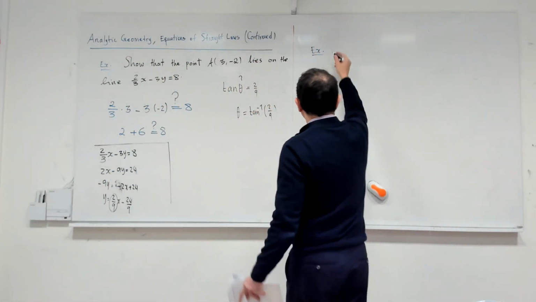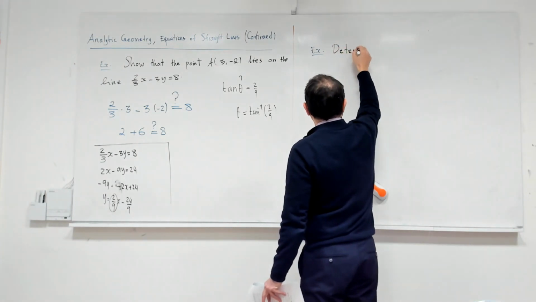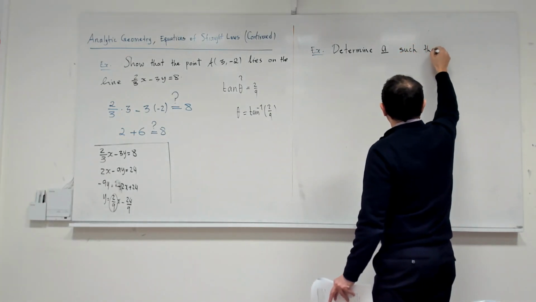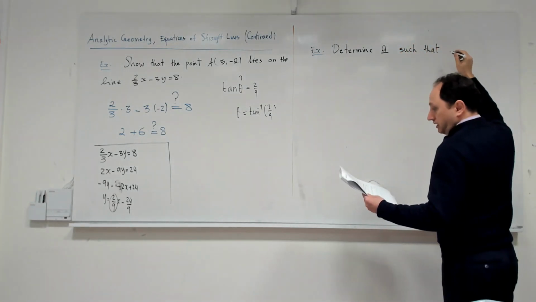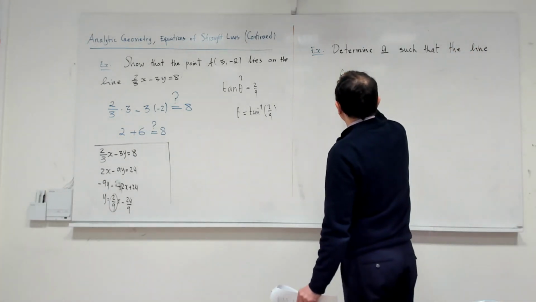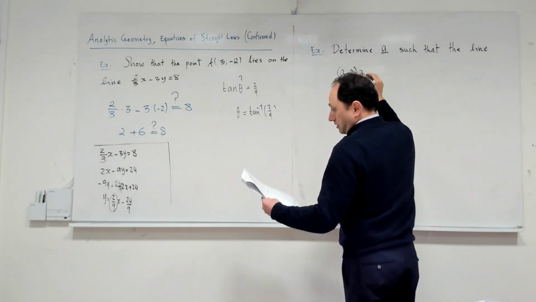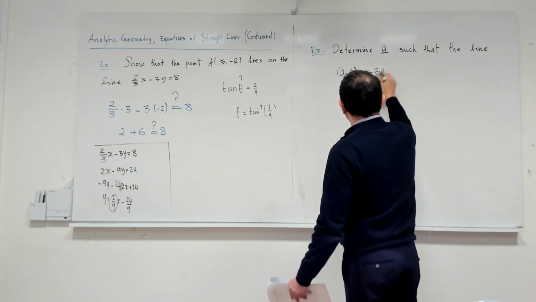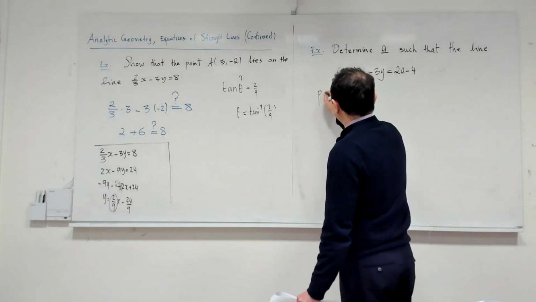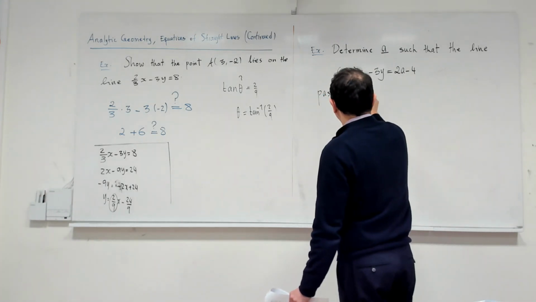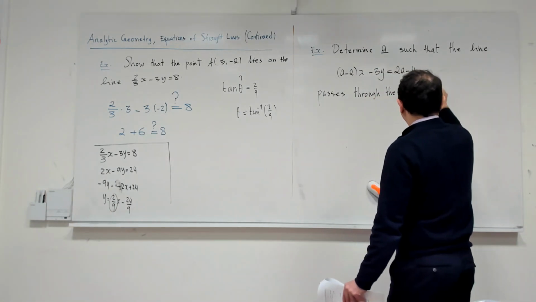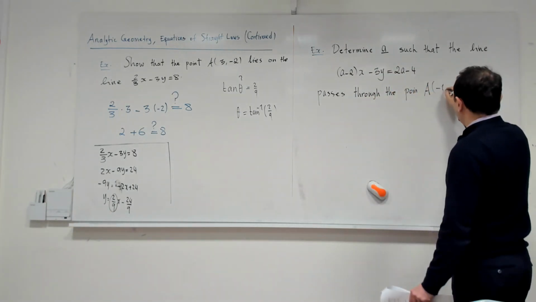Determine a such that the line (a minus 2)x minus 3y equals 2a minus 4 passes through the point A with coordinates minus 1 and minus 2.